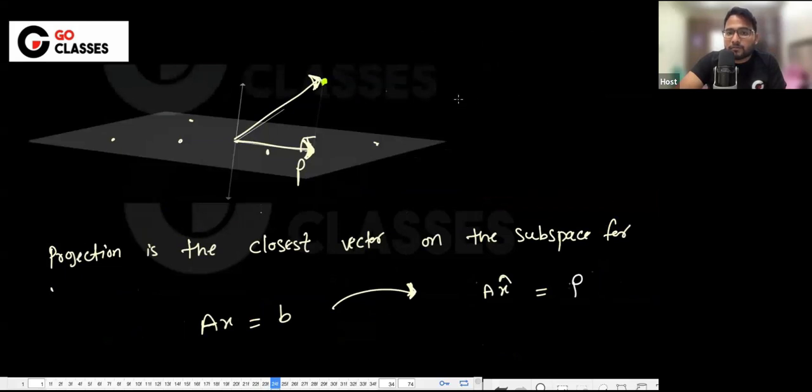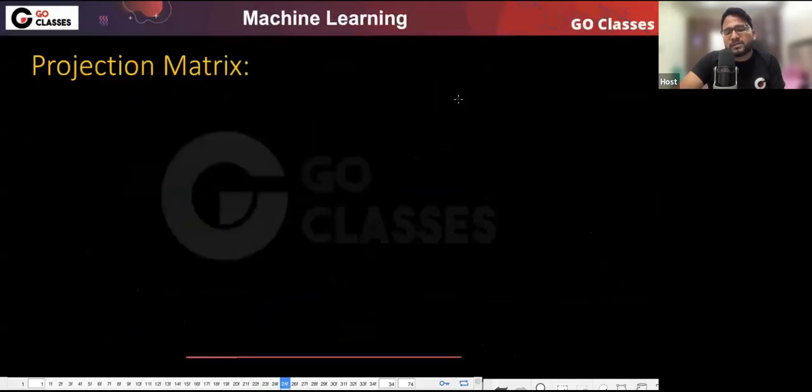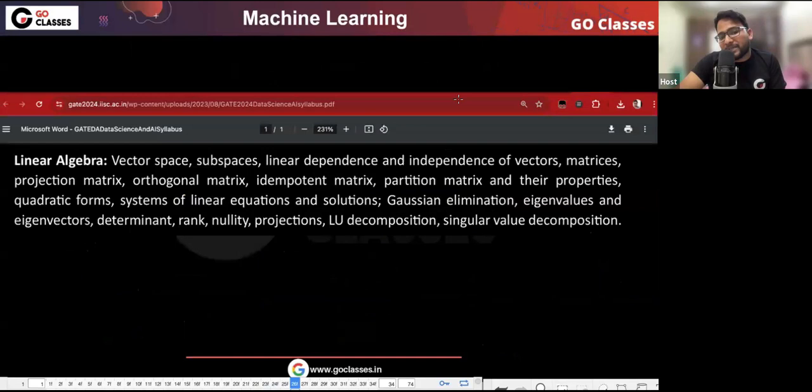Let's quickly see one more thing, which is called the projection matrix. By the way, this projection matrix is also in the syllabus of GATE DA, as you can see here. This is the official GATE DA syllabus.